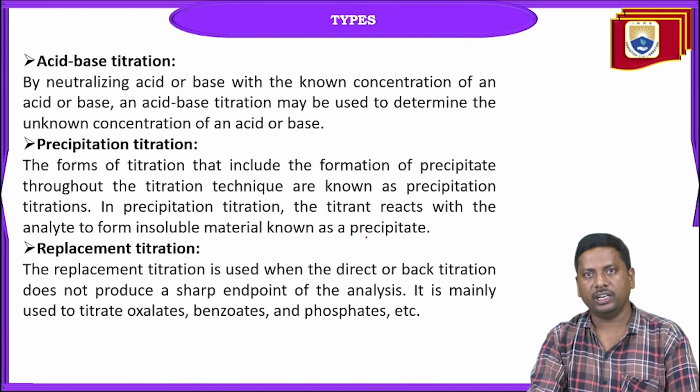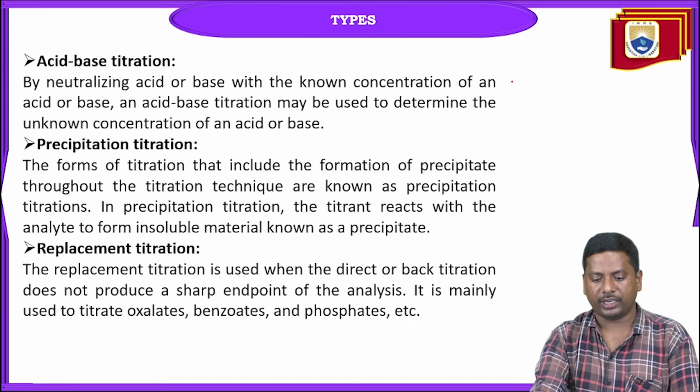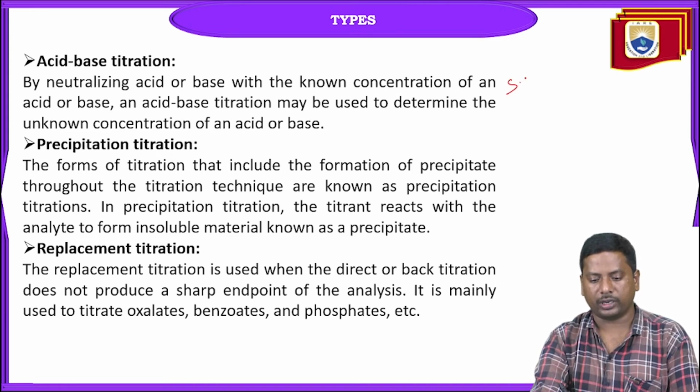Now we see the first one, acid-base titrations. By neutralizing either an acid or a base with a known concentration of a base or acid, the titration may be used to determine the unknown concentration of an acid or base. By using conductometry, we can determine 4 categories.